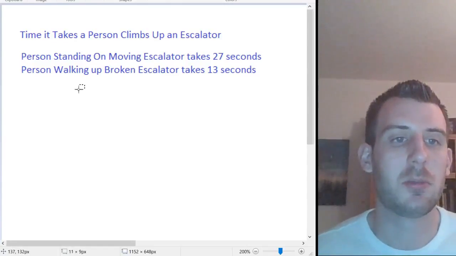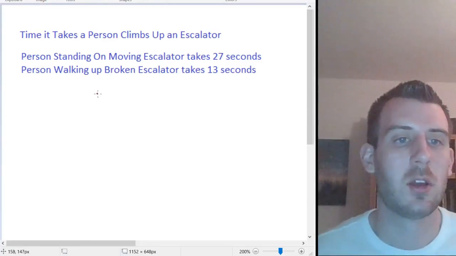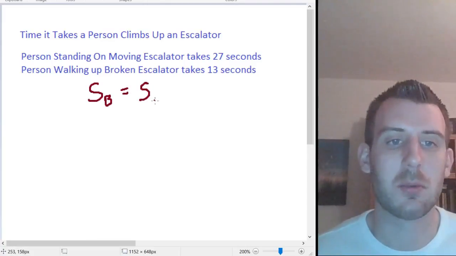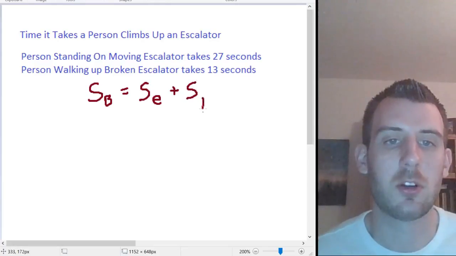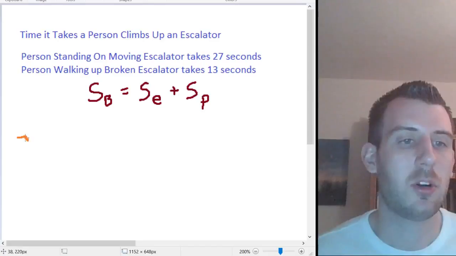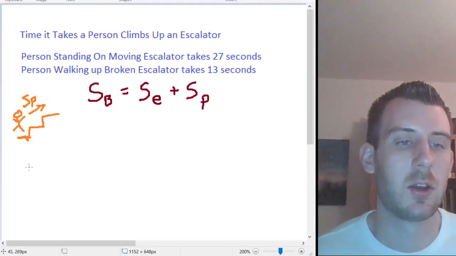So let's talk about the speed. The speed of both of them is equal to the speed of one of them, let's say the escalator, plus the speed of the other, which would be the speed of the person. Let's draw that out to the side. Just the person going up the escalators is essentially just walking upstairs, and that's their speed, the speed of the person.